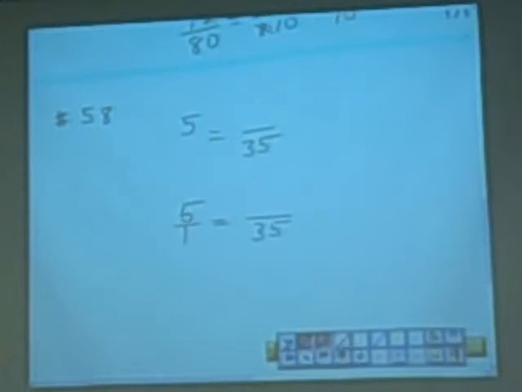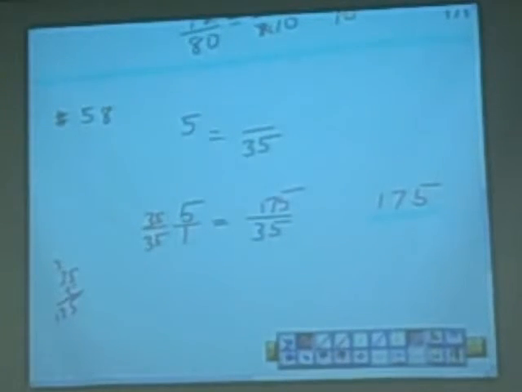So we have 35 over 35, and 35 times 5 is going to give us what? If we need to work this off to the side, we can. 5 times 5 is 25. 175. So 5 over 1 is equivalent to 175 over 35, and our answer here is 175.